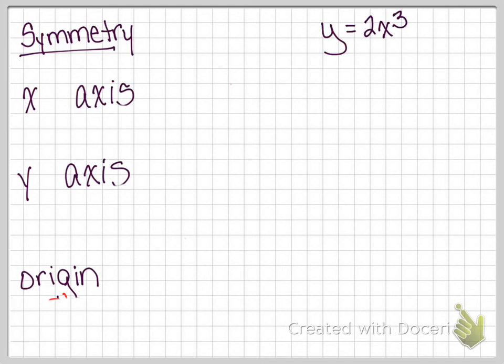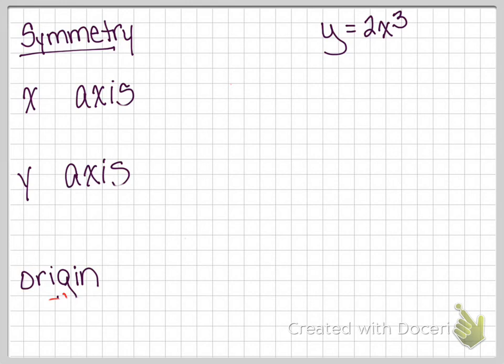And it is much, much easier to understand symmetry when we're talking about what the graph looks like than it is to understand symmetry when we're talking about how to do it algebraically. Now, the requirement of you is that you do it algebraically. That's what you're going to do on your homework, is you're going to determine if things are symmetrical algebraically.